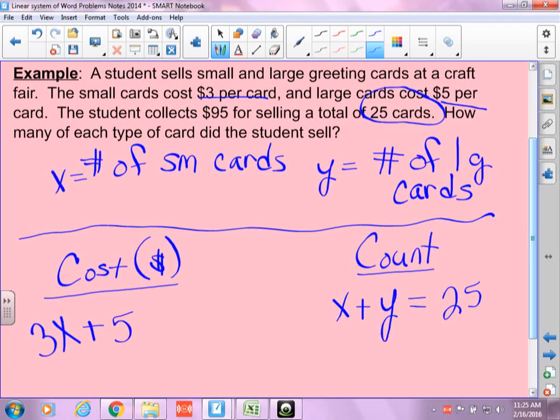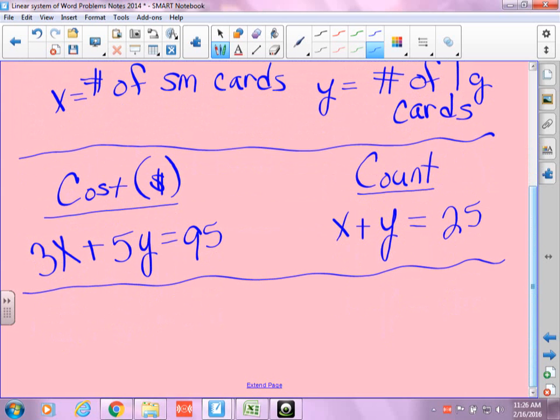So 5y equals $95. Notice that they have dollar signs, cost or value. Right? So I've got cost and I've got count. One deals with the number, the other one deals with the value. Okay? So I got my two equations, that's step 3.